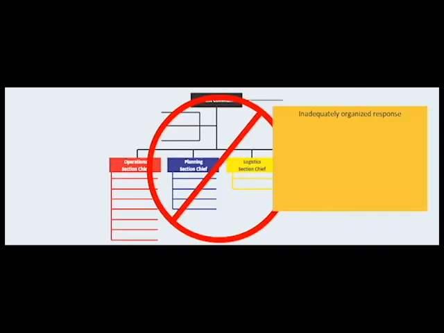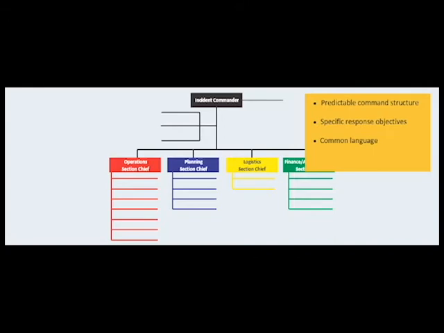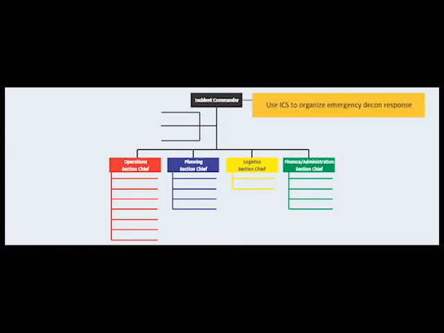Experience showed that an inadequately organized response often led to duplication of effort, while important tasks were overlooked. ICS addresses these problems by using a predictable command structure, specific response objectives, common language, and responder accountability as its cornerstones. Because of its common usage and broad effectiveness, ICS should be used when organizing your emergency decon response.